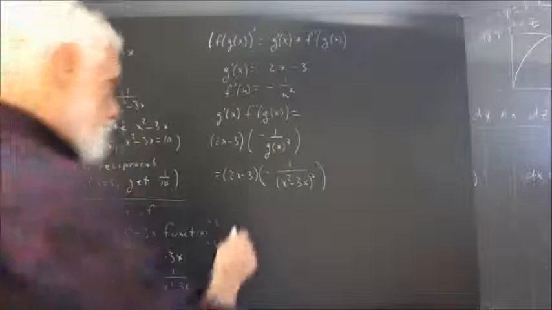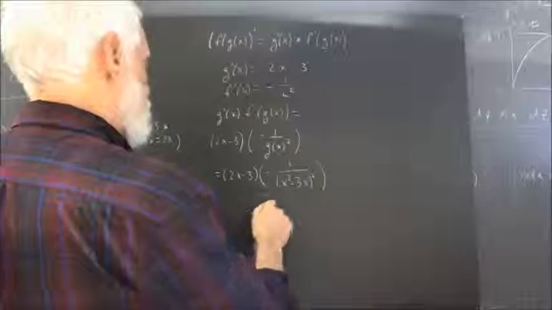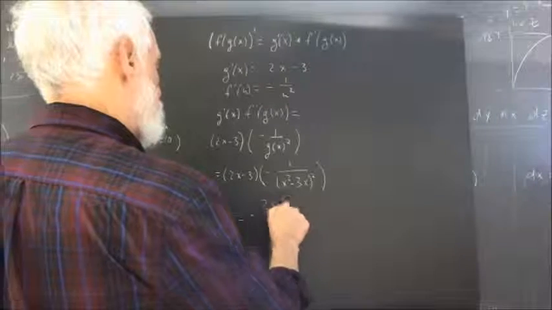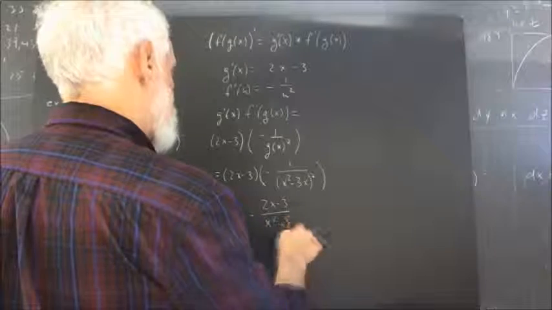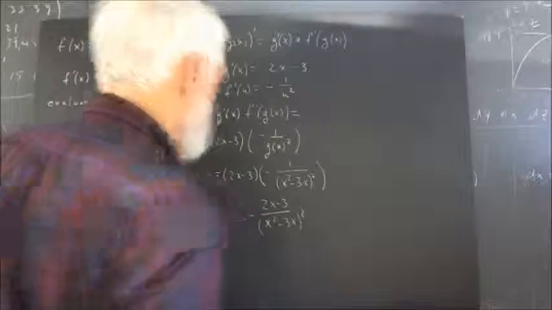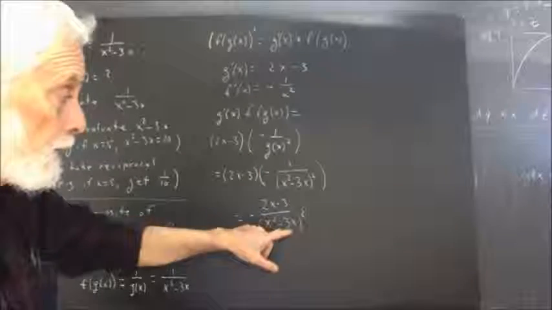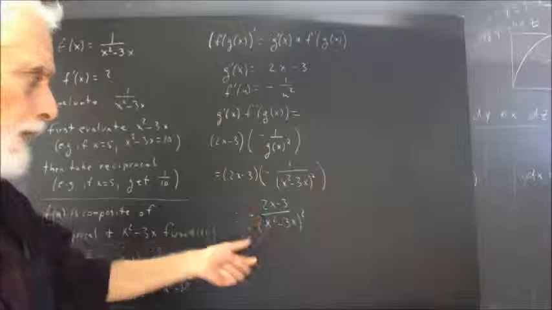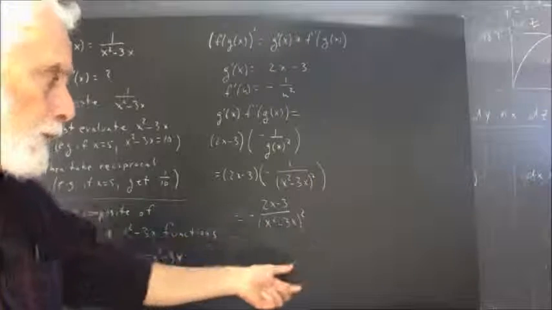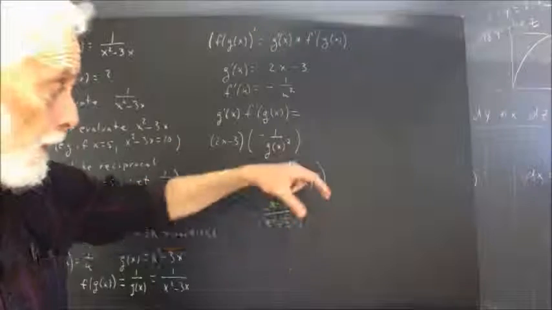And then we can do some simplification. There's not a whole lot of simplification that can be done, but we just write this as negative 2x minus 3 over x squared minus 3x, quantity squared. It can be factored. You get x times x minus 3, and then you square that, so you have x squared times the quantity x minus 3 squared.